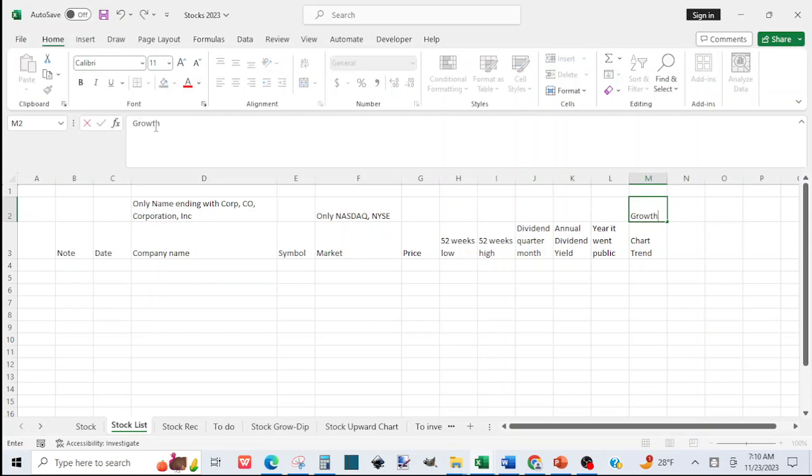So growth, upward, I like to say upward trend, growth and dip trend, and those are the two things that you want to accept.